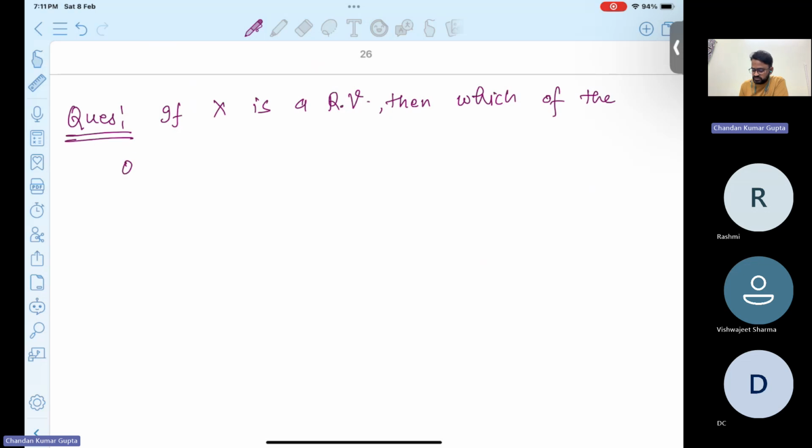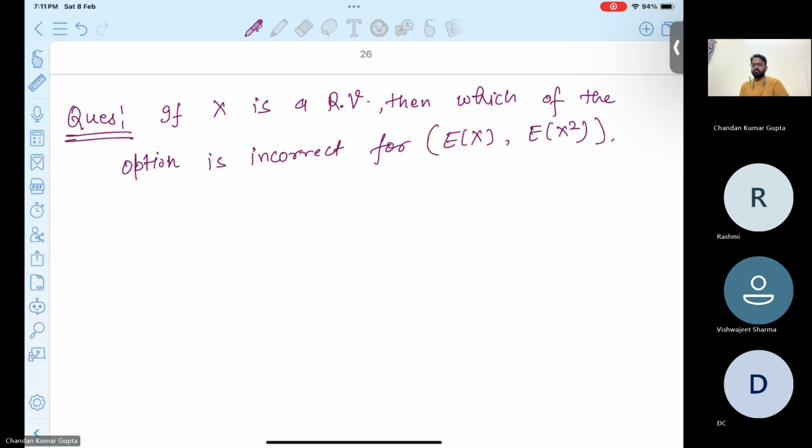Which of the options is incorrect for the expected value of X and the expected value of X square? There are 4 options given.